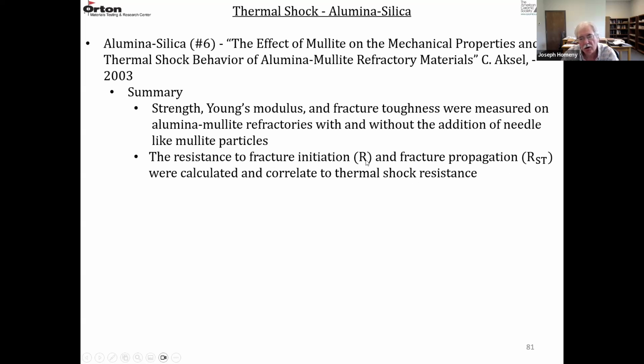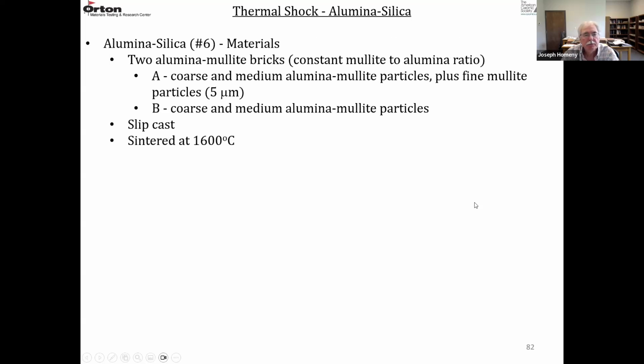So they calculated R and RST. There were two aluminum mullite type bricks. They had a constant mullite to alumina ratio. Brick A had coarse and medium alumina mullite particles and a fine matrix of mullite needle-like crystals.